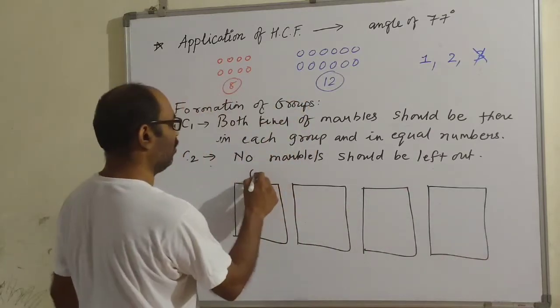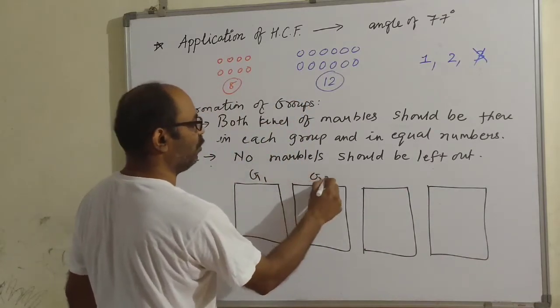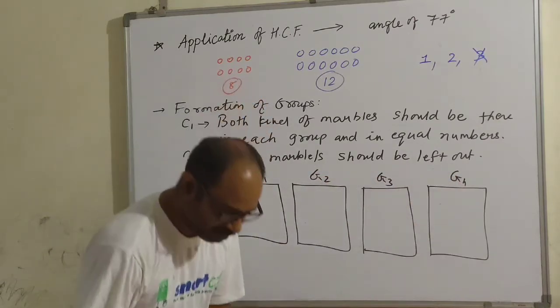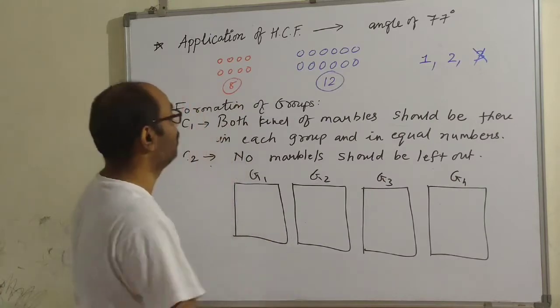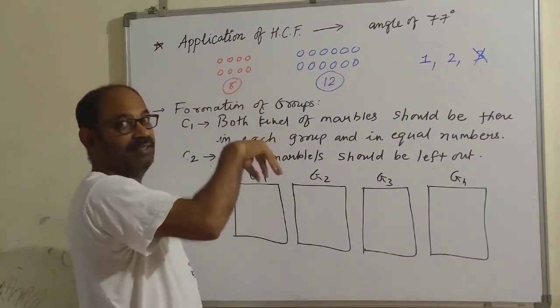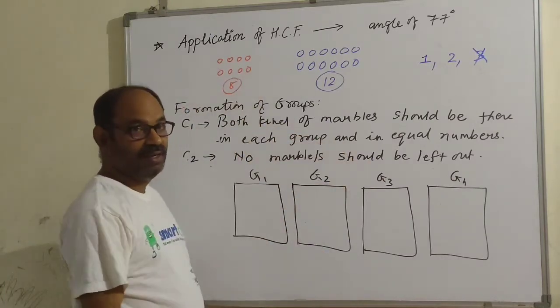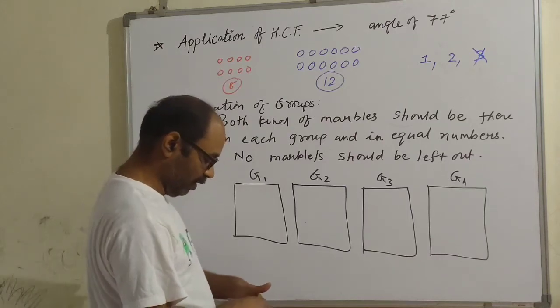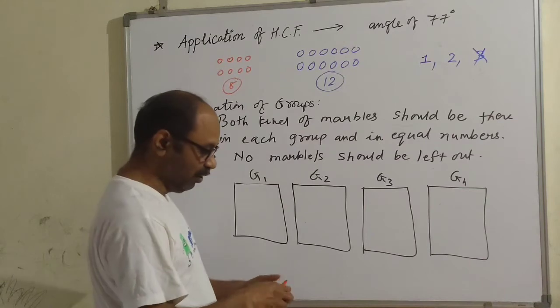Let me write here: group 1, group 2, group 3, group 4. Correct? Now I've got 4 groups and I have to allot red marbles in each group. What would be the allotment?